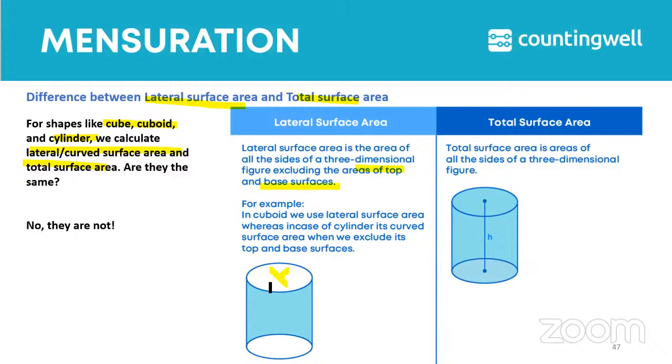So these two surfaces are ignored. So in a cuboid, we use lateral surface area, whereas in the case of a cylinder, it's curved surface area, in which we exclude its top and base surfaces. Whereas the total surface area is the area of all the sides of a three-dimensional figure. So we include the circular shapes here as well. So this is the total surface area of a cylinder.